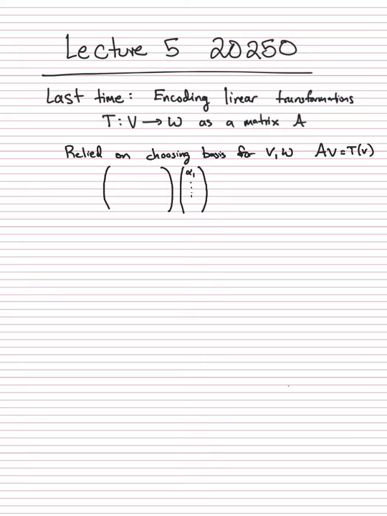So V is alpha 1 E1 up to alpha n En for some basis Ei of V. And then you obtained the matrix A by writing the images T of Ei as the columns of this matrix, written in a given basis for W.